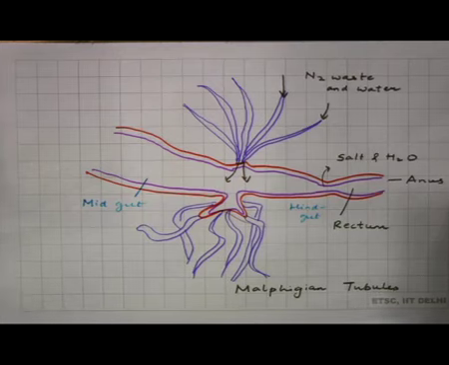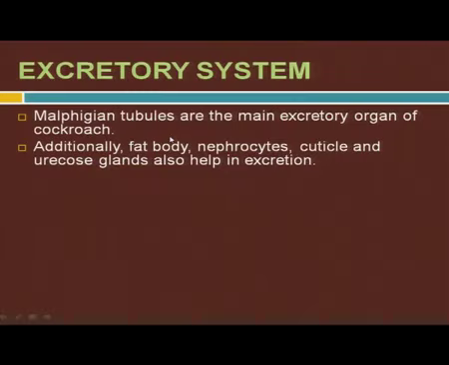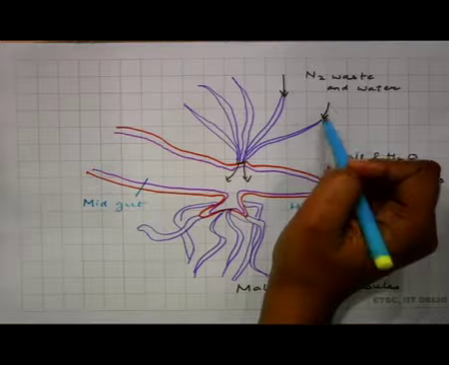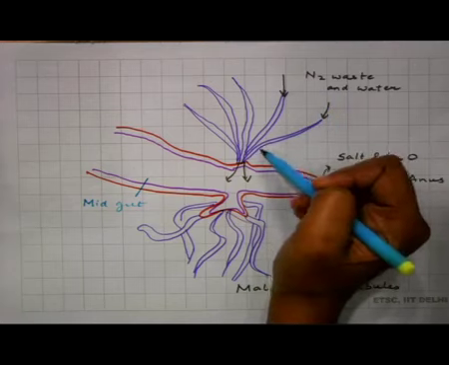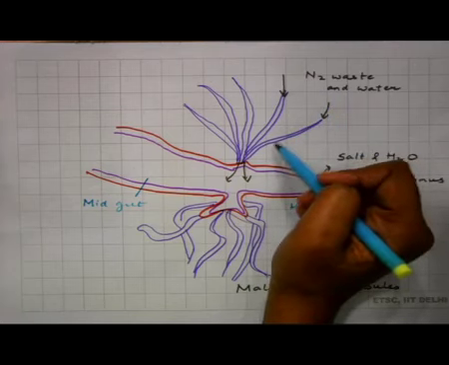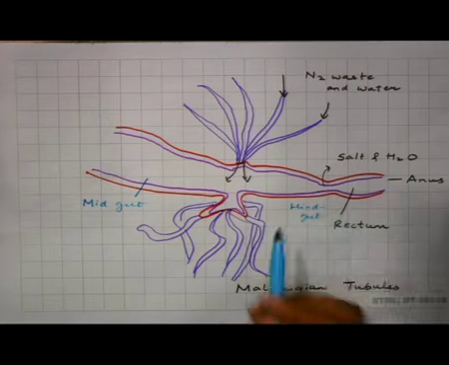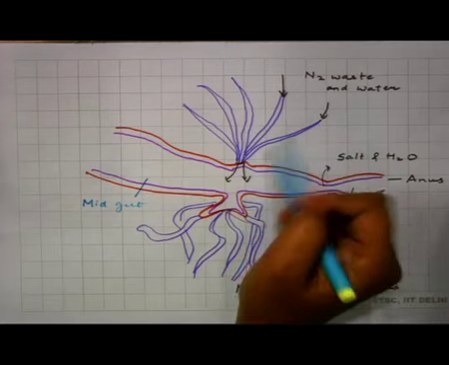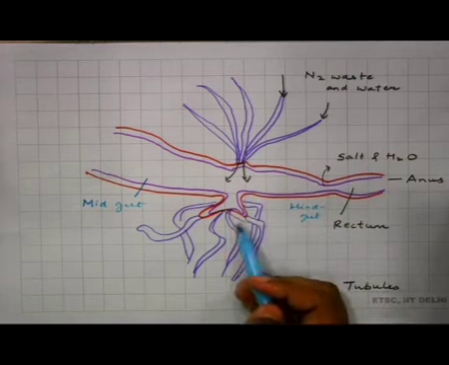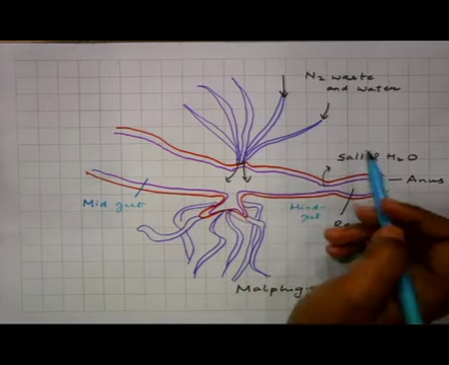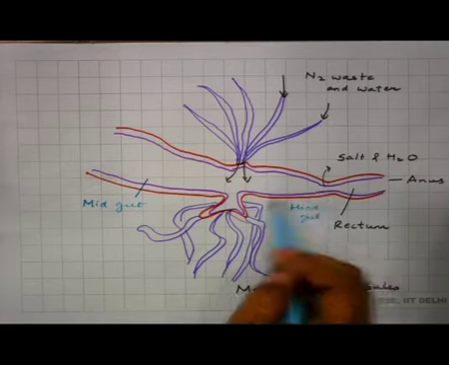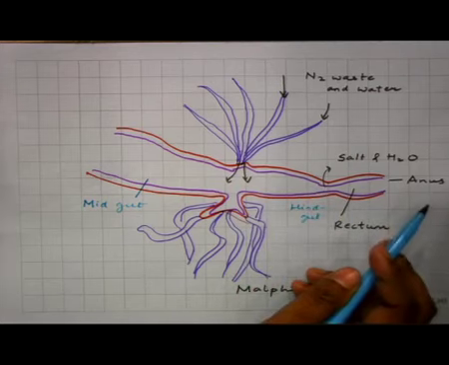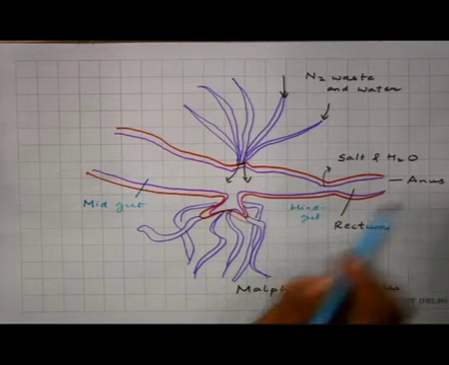So, what occurs in them? The Malpighian tubules will collect the nitrogenous waste and water and convert it into a product which can be easily excreted out, and that product is uric acid. So, the nitrogenous waste and water enter into these Malpighian tubules where it is metabolized into uric acid and then sent into the hindgut for excretion through the anus.